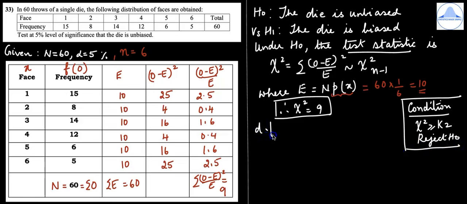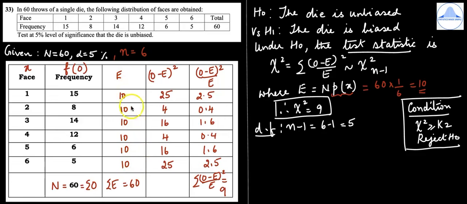So let us write the degrees of freedom. Degrees of freedom is n minus 1. So 6 minus 1 is equal to 5. Now another important point to remember here is all the expected frequencies should be greater than or equal to 5.